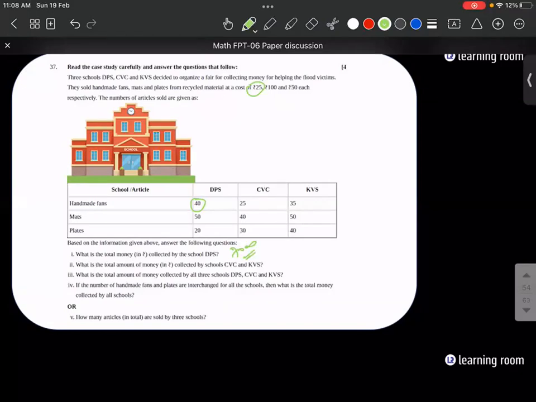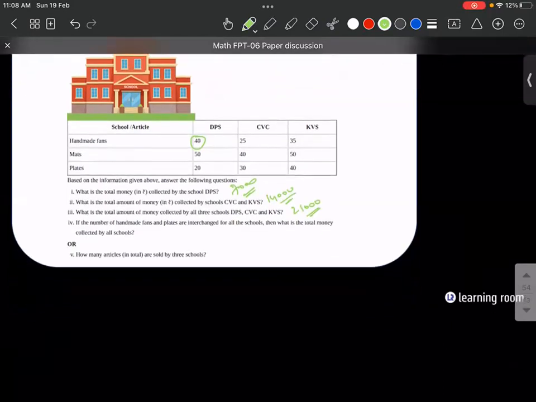What is the total amount of money collected by the school CVC and KVS? So 14,000, correct. What is the total amount of money collected by the three schools, DPS, CVC, and KVS? So it is obviously add everything, 21,000. The number of homemade fans and plates are interchanged for all the schools, what is the value of money collected by all the schools?